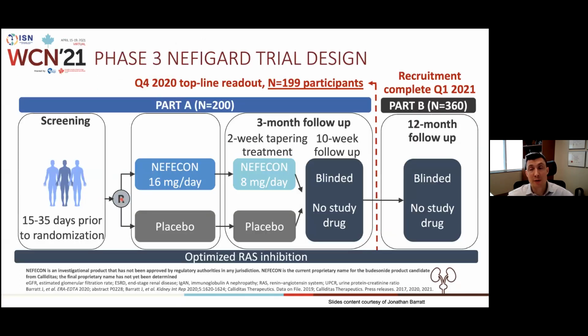So this is the overall structure of the phase 3 study. So patients were randomized to Nefecon or placebo for around 9 months, and then followed up long-term to demonstrate an impact on kidney function. However, what we have reported in the abstract format is the short-term effect on proteinuria after 199 participants had finished the initial 9 months of treatment.